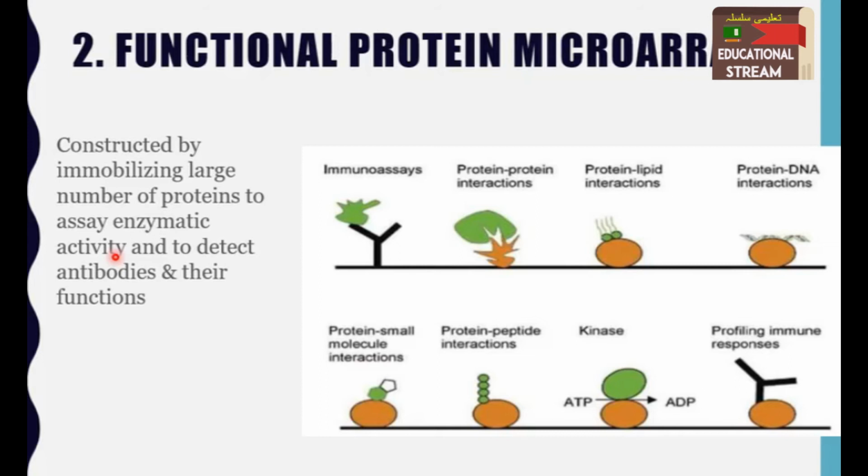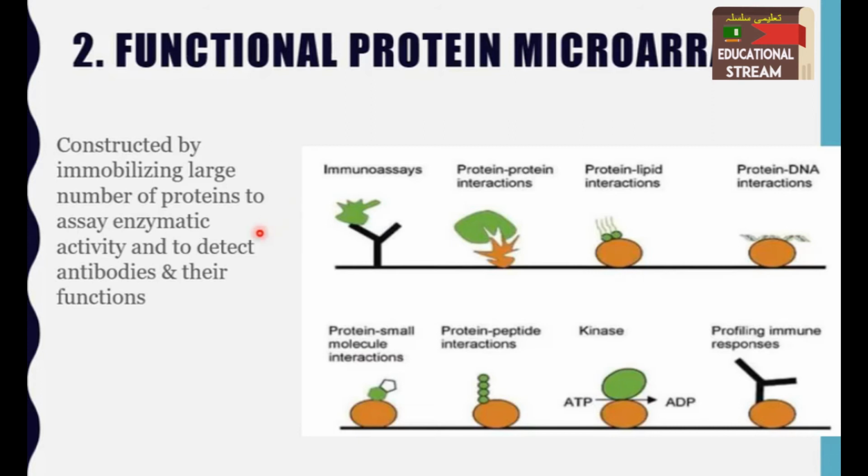So the main purpose of functional protein microarray is to find the functions of the protein, and it enables the study of various biochemical properties of the proteins. Using this technique, we can find out with which molecules a protein can interact.